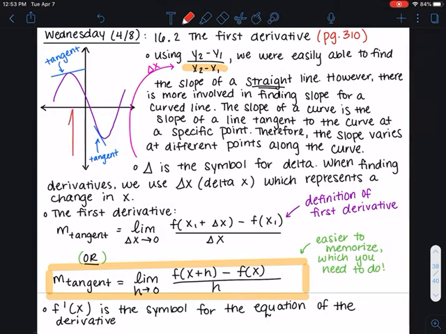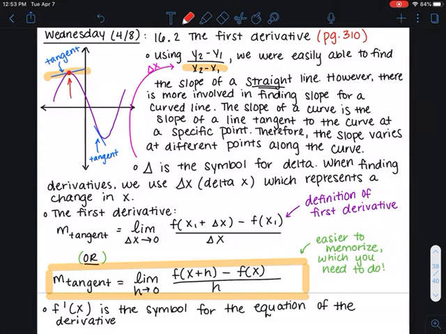The slope of a curve is the slope of a line tangent to the curve at a specific point. If I'm looking at this graph here, and I wanted to know the slope of this curve at this point, you would have to create your tangent, which I already did, and find the slope of that line.